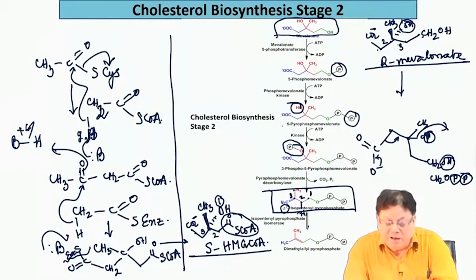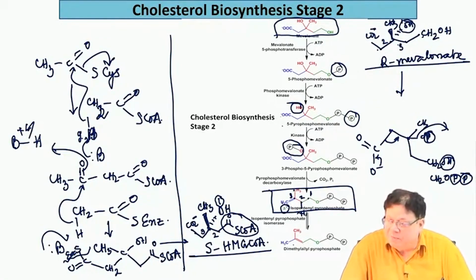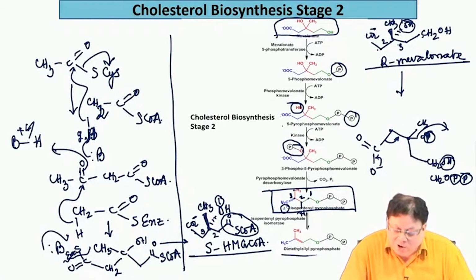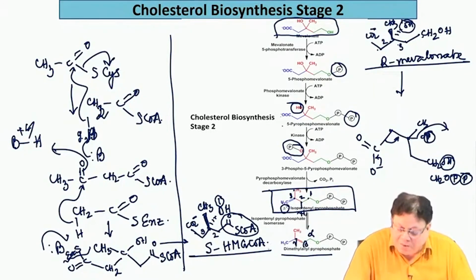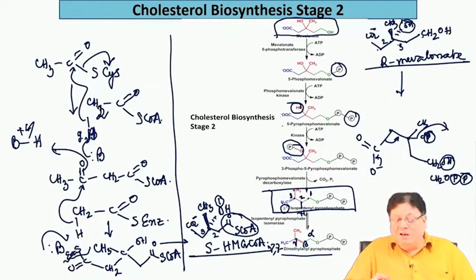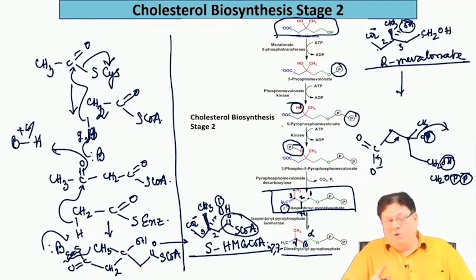This hydrogen can undergo a 1,3 shift and you get the double bond inside. So, this is your alpha, this is your beta, this is gamma. This is what is called gamma gamma dimethyl allyl pyrophosphate.